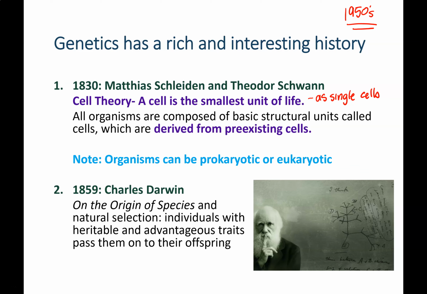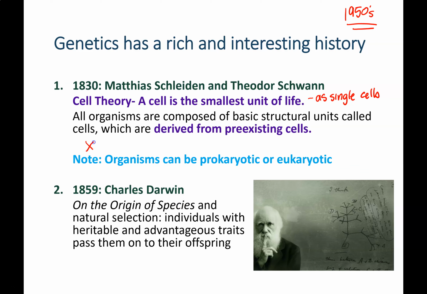The flip side of that is that all organisms are made of one or more cells. So all organisms have to be made of at least one cell, which makes sense if a cell is the smallest unit of life. The other important feature is that the cell theory states that all cells must come from pre-existing cells.